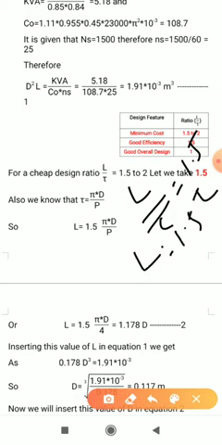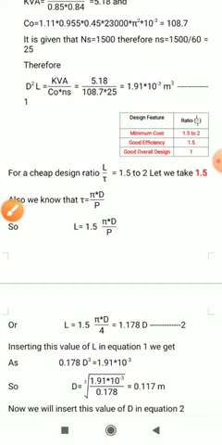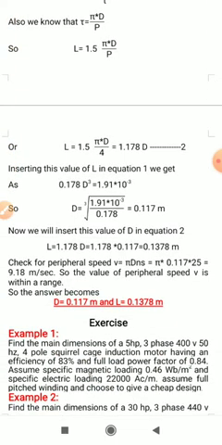So if you put this value of the tau in this equation, then L is equal to 1.5 into pi d divided by P. And in this equation we know the P and we know the pi also. So we can calculate the value of L in terms of the D. So here you can see L is equal to 1.5 into pi into D divided by 4. So if you calculate this, you will get 1.178 into D.